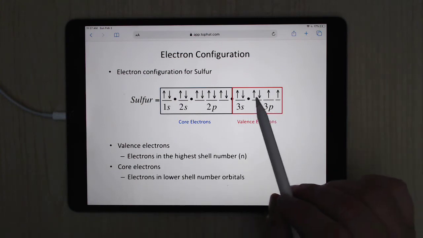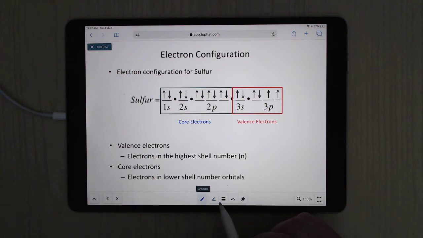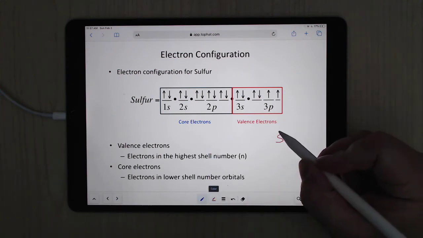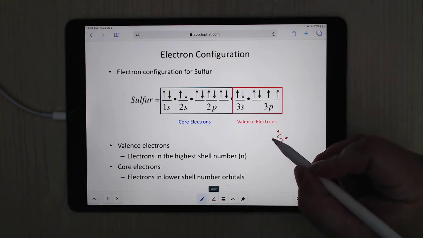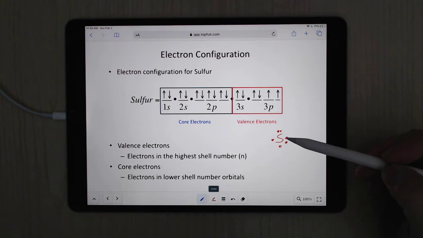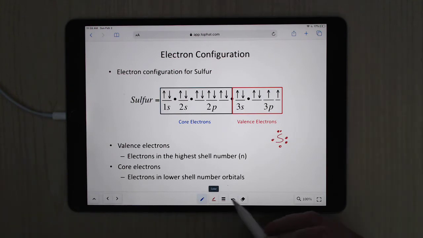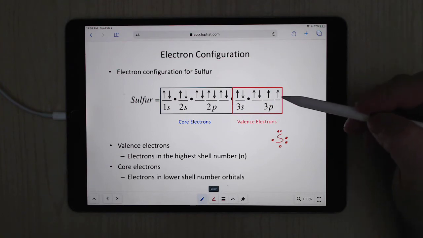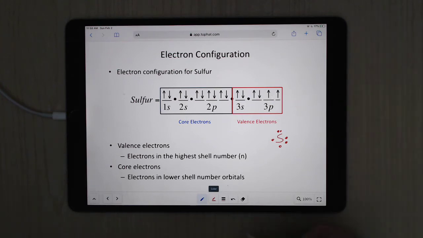Okay, and so sulfur is going to have 1, 2, 3, 4, 5, 6 electrons around it. And if you notice, this also goes with oxygen. It needs 2 more electrons. If it gets those, then it'll have an octet.